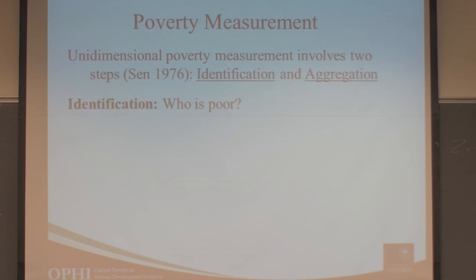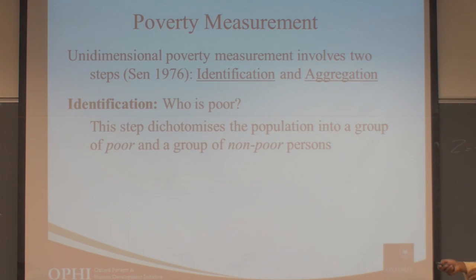In identification, you mainly ask who is poor. This step dichotomizes the population into a group of poor and a group of non-poor. And in poverty measurement, there is a property called focus, and your focus remains particularly on the set of those who you have identified as poor.